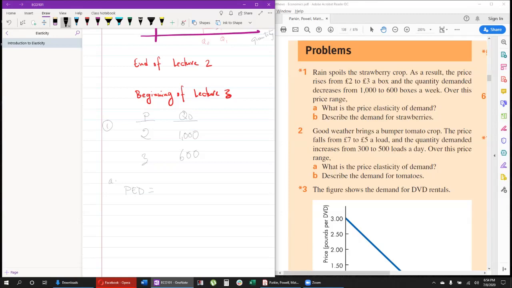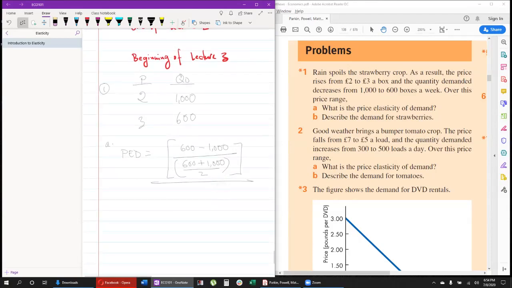Okay, so of course the formula is new QD minus old QD divided by new plus old divided by 2. This whole thing will be divided by new price minus old price divided by new plus old by 2.